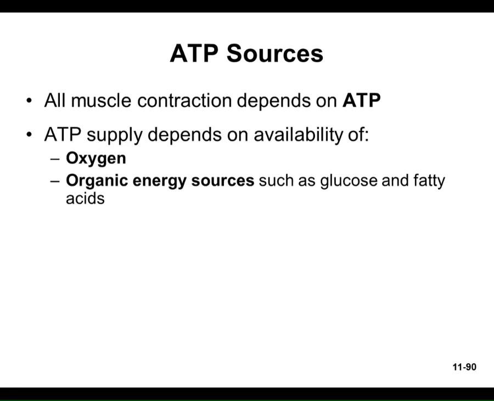Usually we think of sugars, glucose. But if you didn't have any glucose, you could use some protein or you could use some fat. But you definitely need some fat or protein or sugar along with oxygen to do this whole thing called cellular respiration to make ATP. So we need an energy source, usually glucose. It could be fatty acids. It could even be protein in an extreme situation.